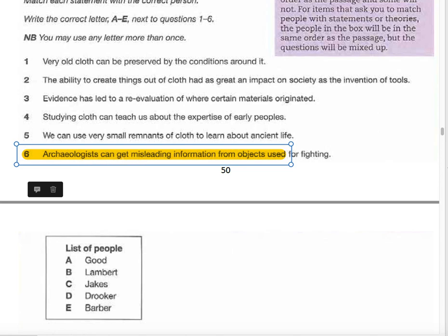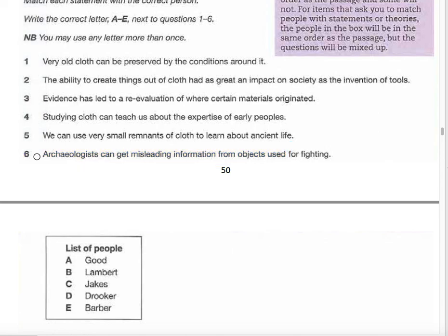And six, okay. Archaeologists can get misleading information from objects used for fighting. So archaeologists, which are the people that research this type of information or try to get this type of evidence from the past, dig into the ground to find old pieces of materials or bones, fossils.